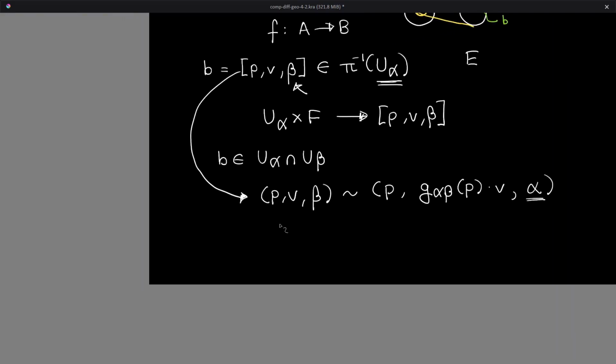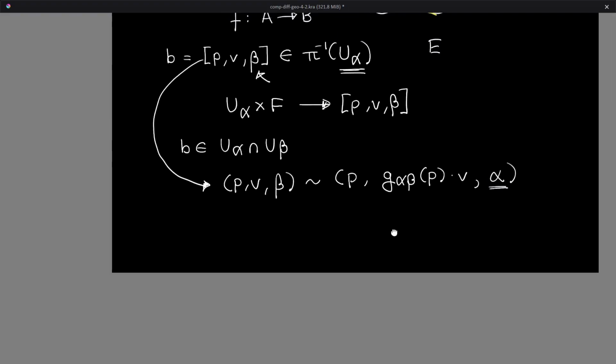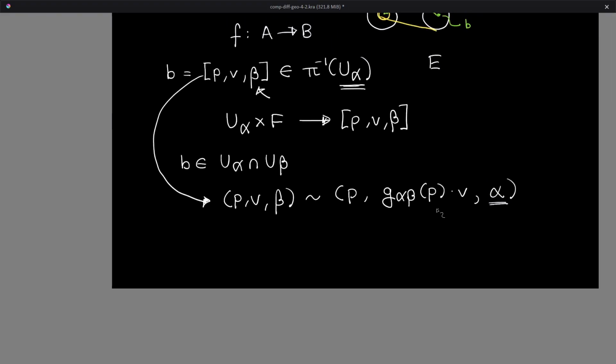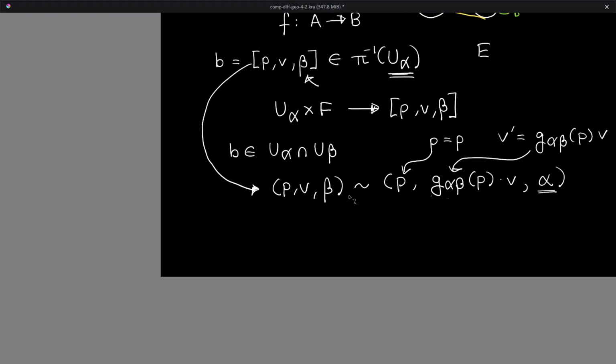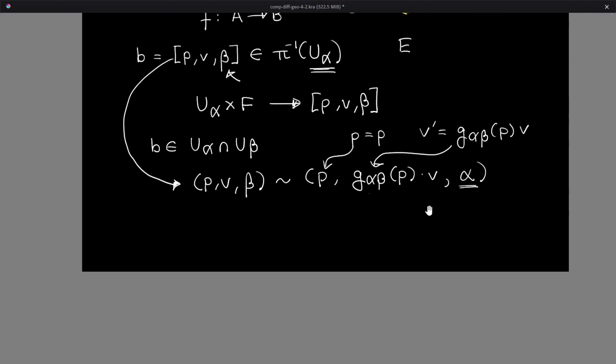And so if we know that this is true by definition, because this is the way we defined the equivalence relation, right? P equals P, V prime is equal to G alpha beta of P V. So we just substituted those things here. So we know by definition this equivalence relation is true.